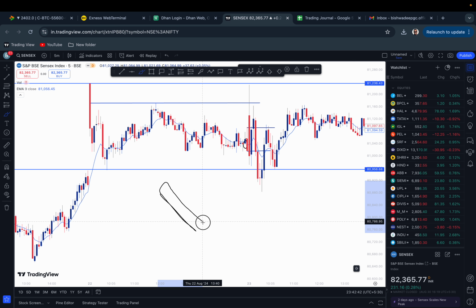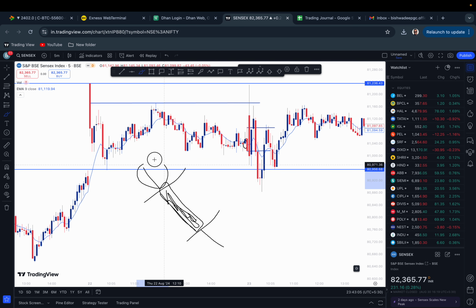See, this is the candlestick, right? I'm drawing this so that you can understand. This is the bearish candle. This is the wick and this is the wick. Fine. So these are the wicks.